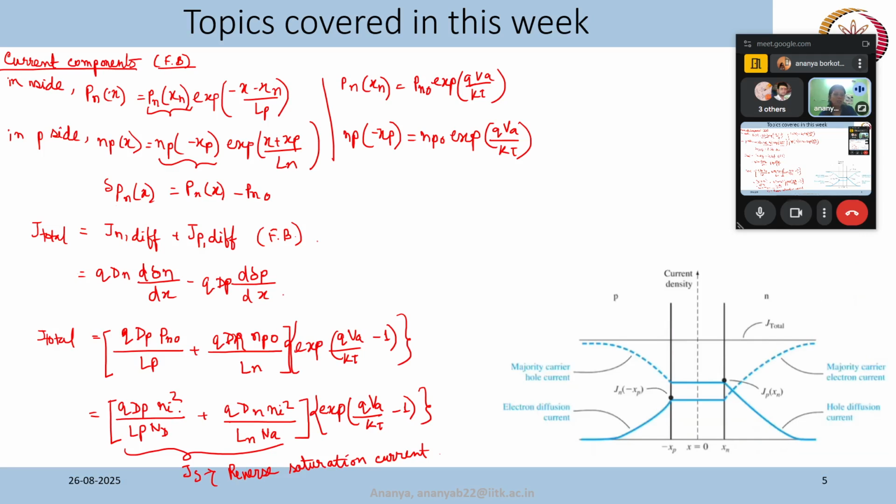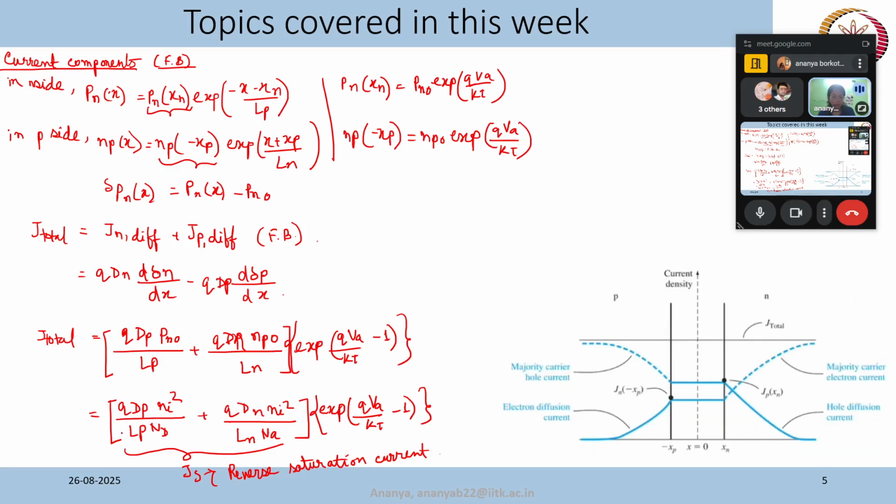This has an inverse relation. If you want to increase the hole current component, you have to decrease the doping density in n side. Similarly, it's the same for the electron current component also. You have to decrease the doping density of the other side. So this is one important observation from the current equation.